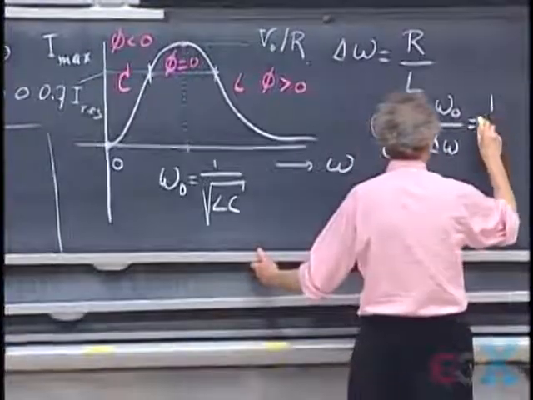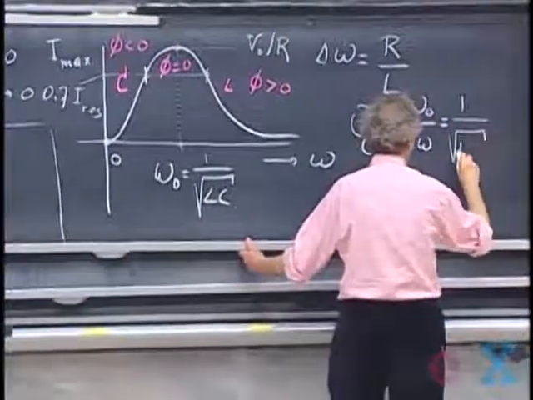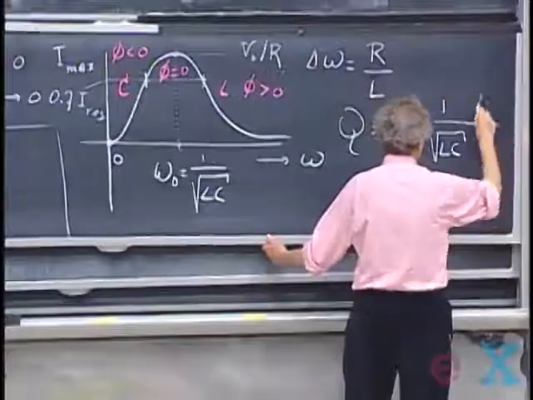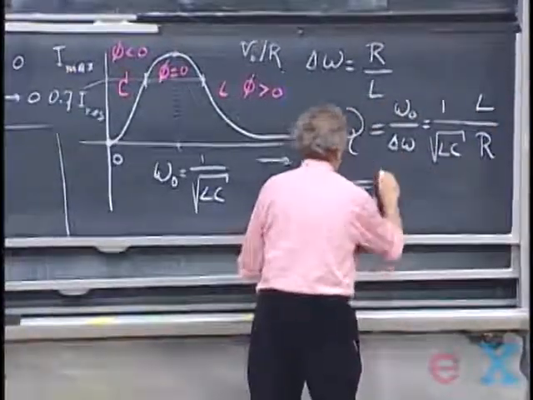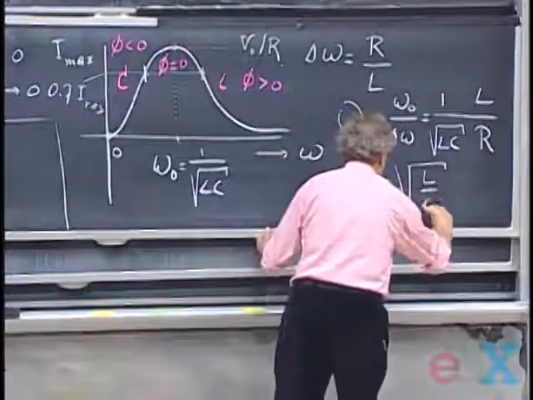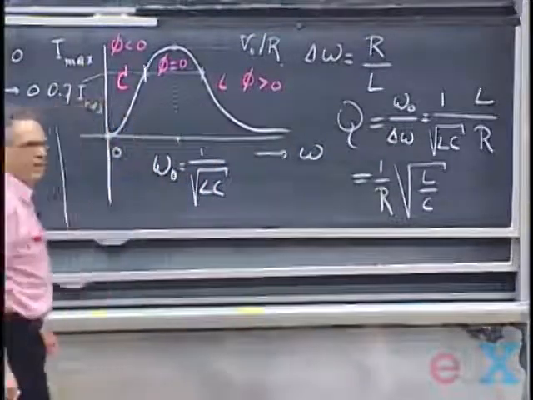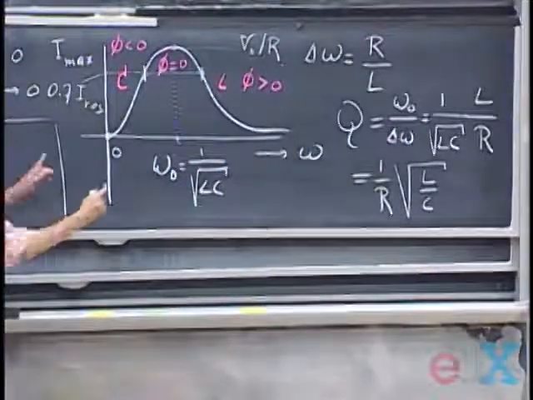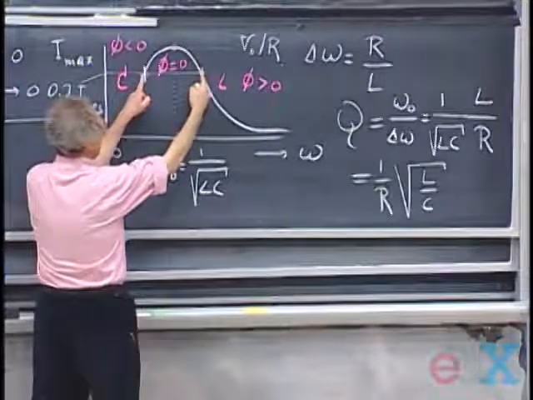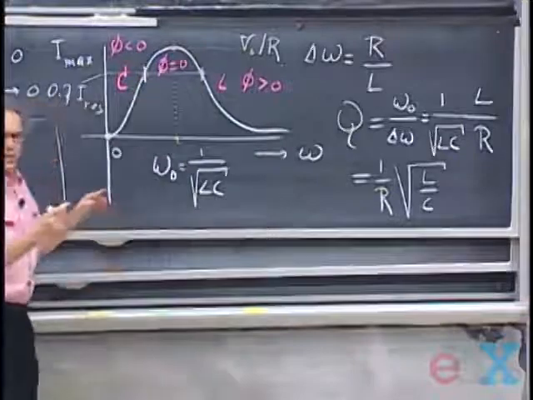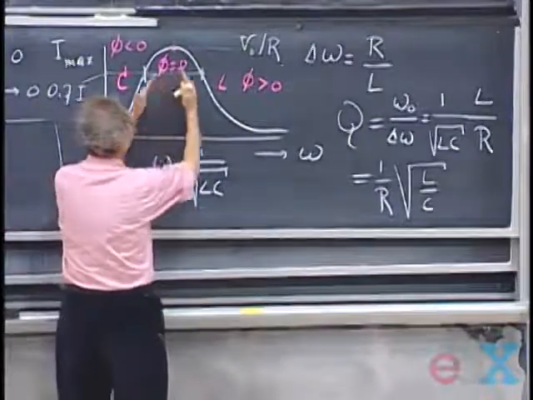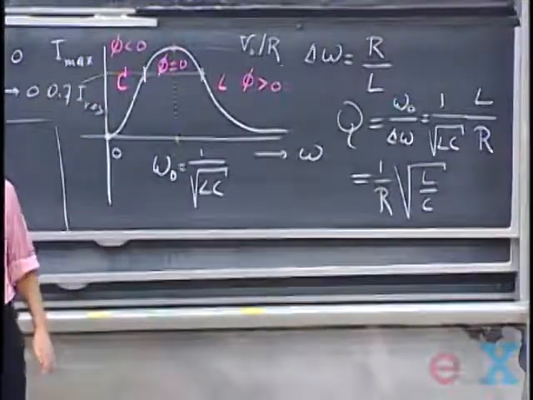Now omega 0 itself is 1 over the square root of LC, and delta omega is R divided by L. And so that makes the quality 1 over R times the square root of L over C. And the quality is a measure for omega 0, which is this, what I'm pointing at now, divided by delta omega, which is this. So if the quality is high, this peak is relatively narrow, and if the quality is low, it's relatively wide.